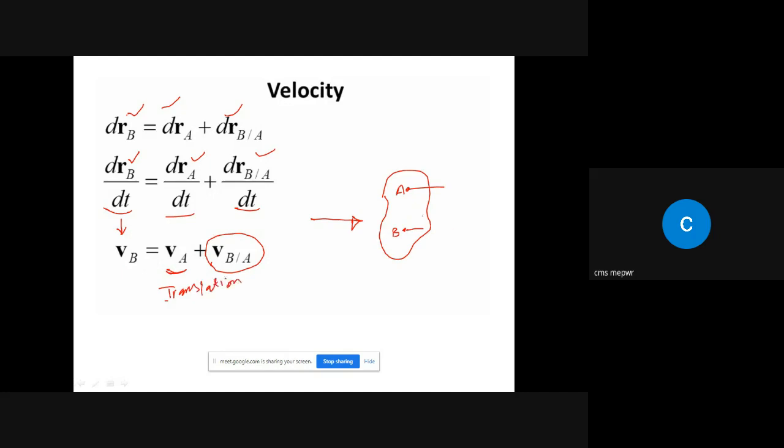But if it is not moving in a straight line, if it is exhibiting general plane motion, then VB will not be equal to VA. There will be an additional term that will incorporate the rotation in this equation. So this VB, which is a combination of rotation and translation, should be equal to VA plus VB by A. This is the relative velocity of point B with respect to A in a rigid body.